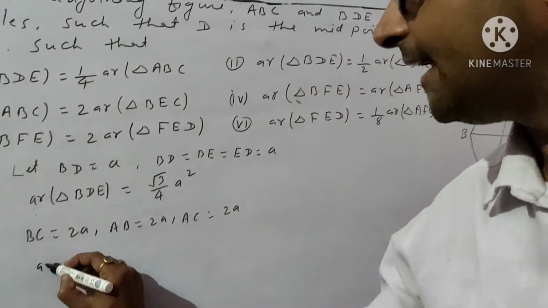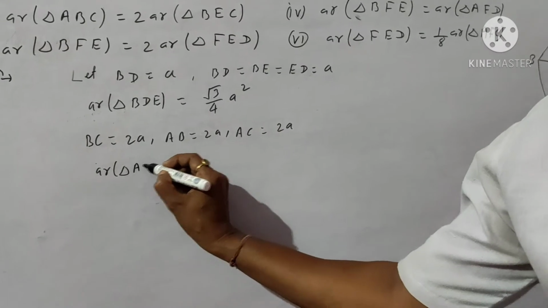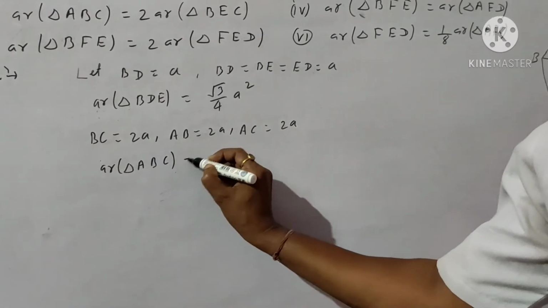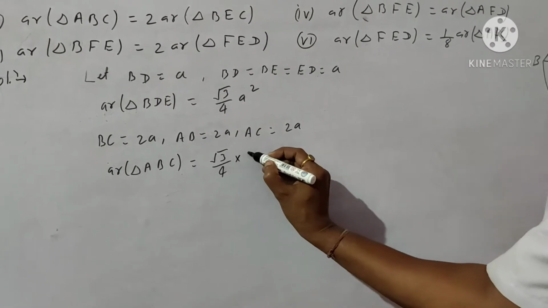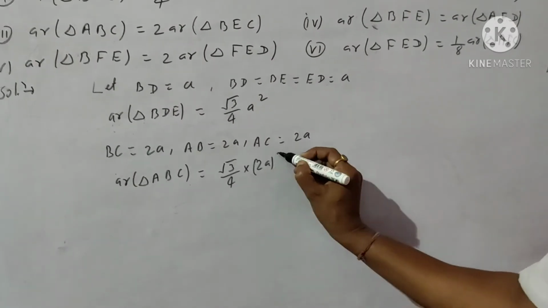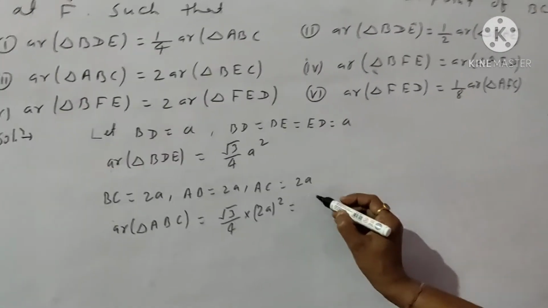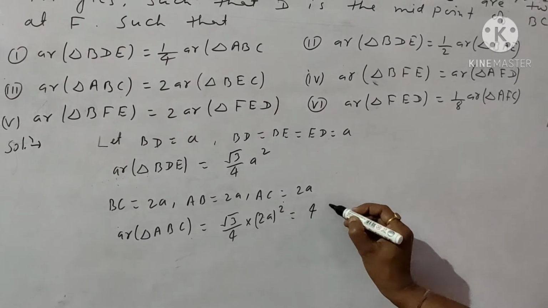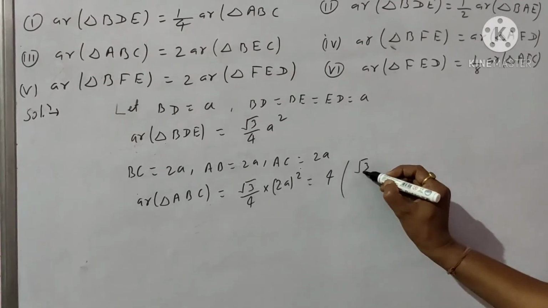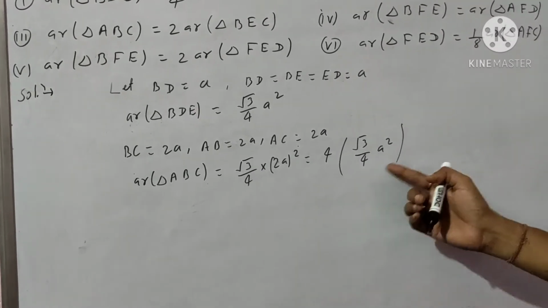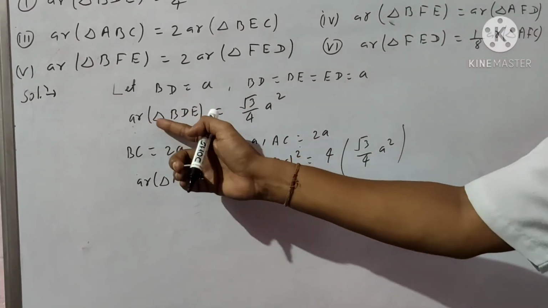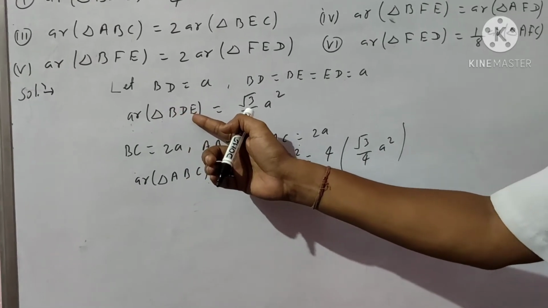Then area of triangle ABC is equal to root 3 by 4 into A square, that means root 3 by 4 into (2A) whole square. So we can write 4 times root 3 by 4 into A square. So this is the area of triangle BDE.